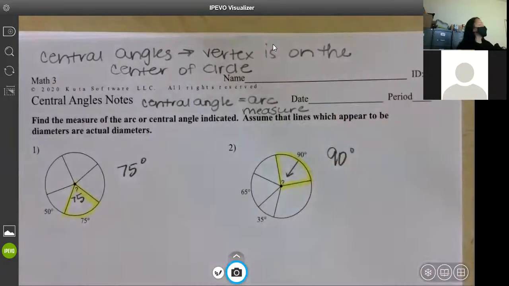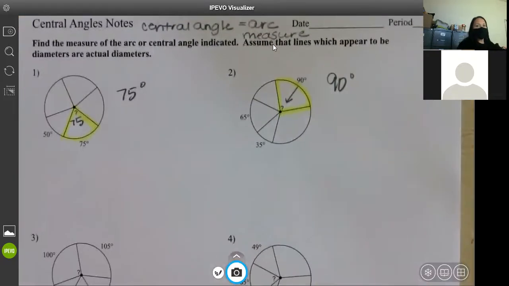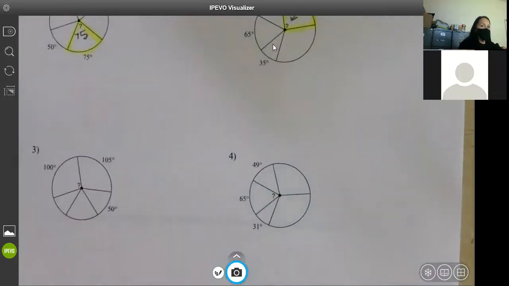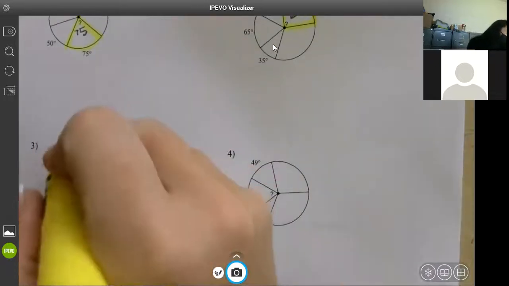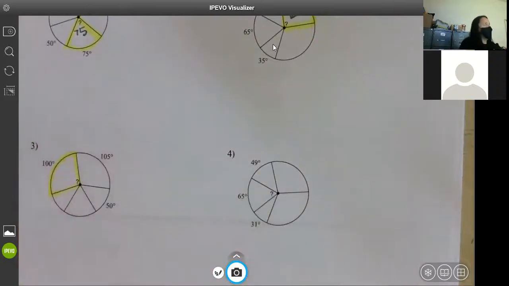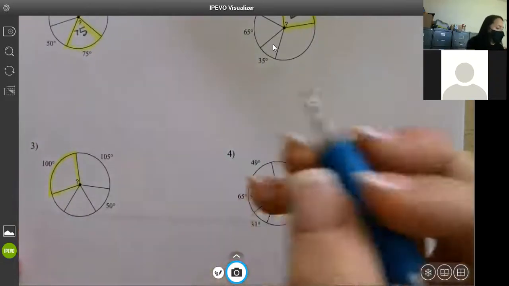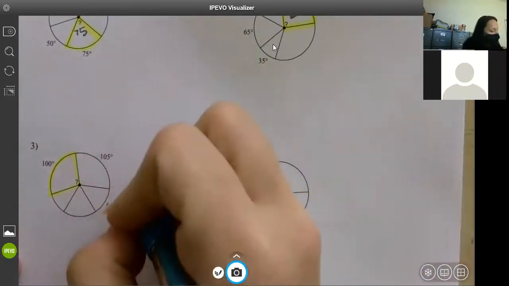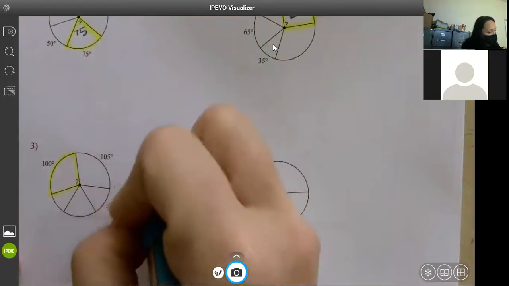So it is 90 degrees. Is everybody good with those two? Look at number 3. We want this angle. So we're looking for this arc. It gives us it. So what is the angle? What's the measure? 100 degrees.